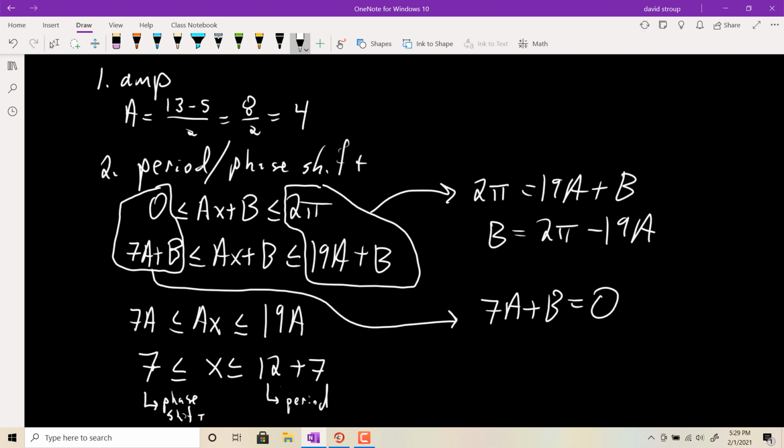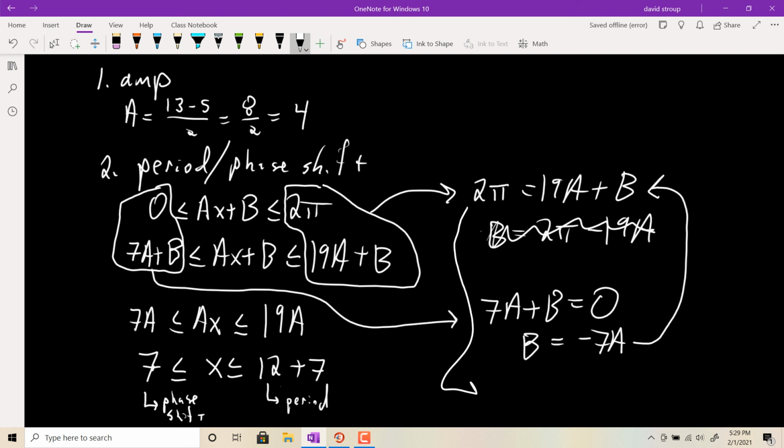So you could solve this for b, or even solve it for a if you wish, but it's probably easier to solve for b, I guess. b is negative 7a. And then plop that into, I guess we could just plop it into here. Maybe it'd be easier to put it in here. And we probably don't even need this equation then. So I'm going to plop it in there.